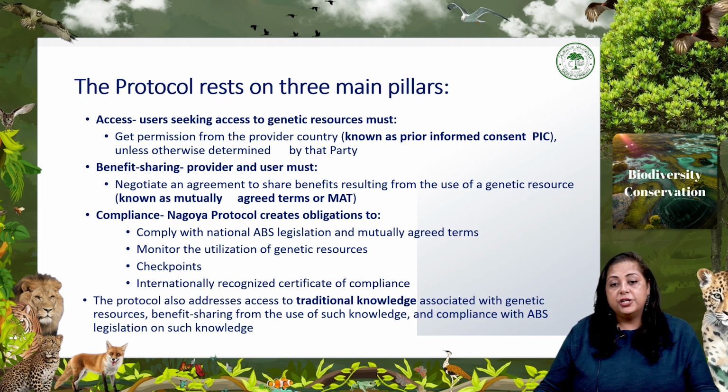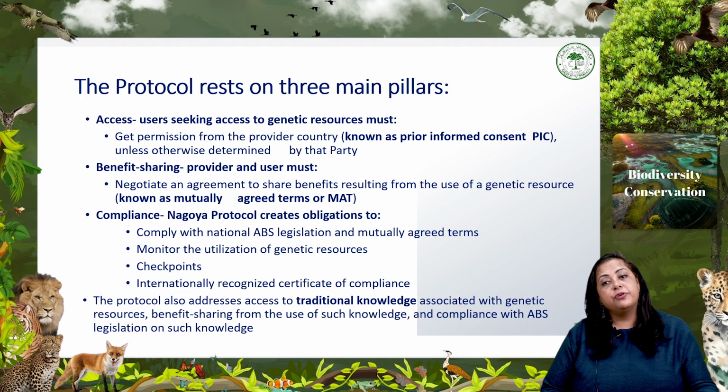Second is benefit sharing: provider and user must negotiate an agreement to share benefits resulting from the use of genetic resources, and that is known as mutually agreed terms, or MAT. Third, compliance: the Nagoya Protocol creates obligations to comply with national ABS legislation and mutually agreed terms, and to monitor the utilization of genetic resources through checkpoints and an internationally recognized certificate of compliance.